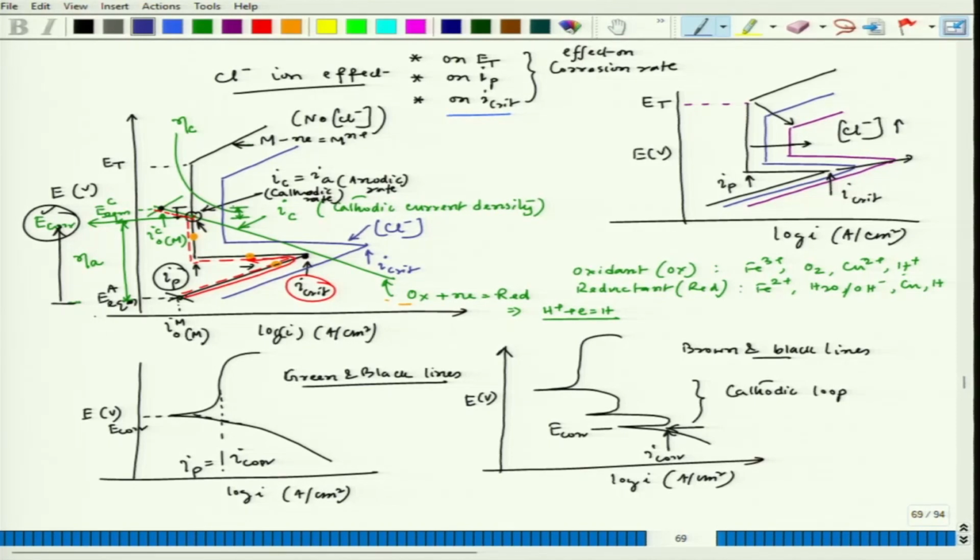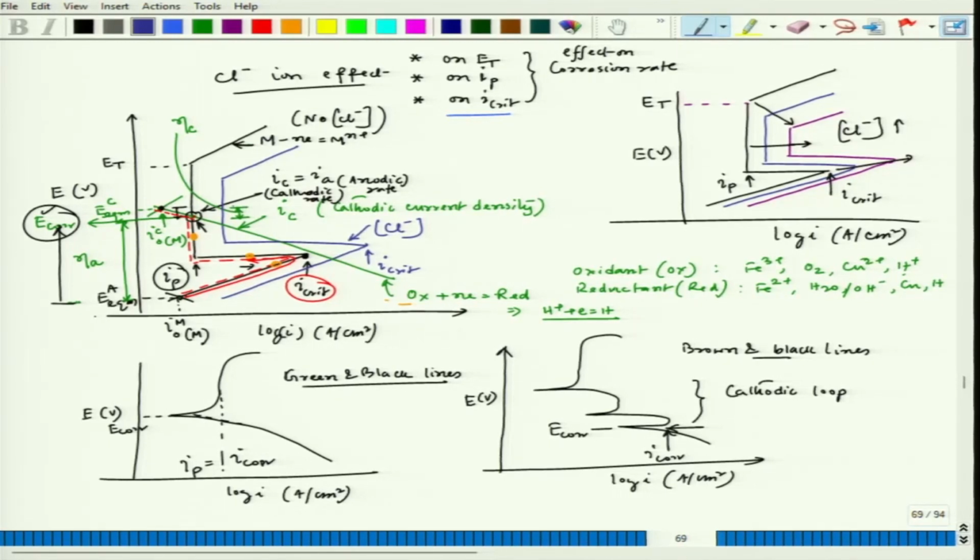Now, if we consider the same green line as the cathodic process that is going on, I could see that though it bypasses the I critical for the black one, which is the condition corresponding to no chloride ion, it would not bypass the I critical when there is chloride ion.